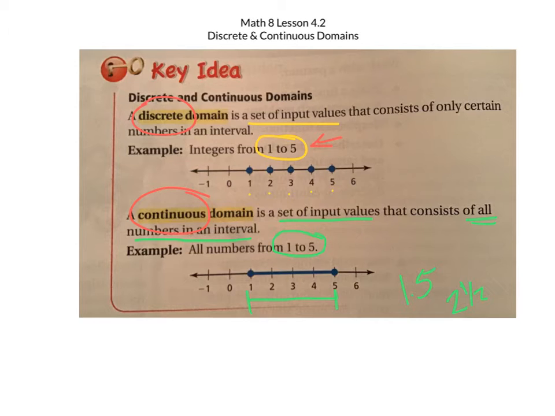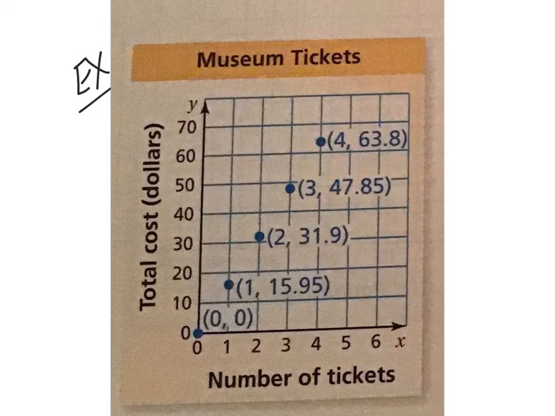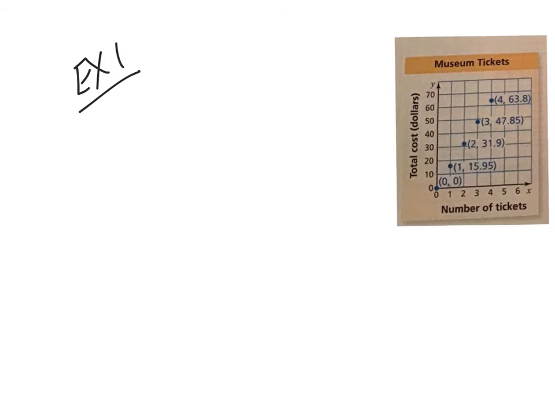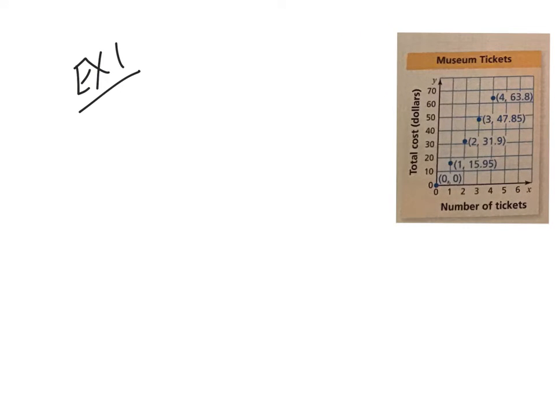So let's go through this and do an example. So in your journals, here is example 1. Make sure you write that down. All right, so we have a chart on the left here showing museum tickets.